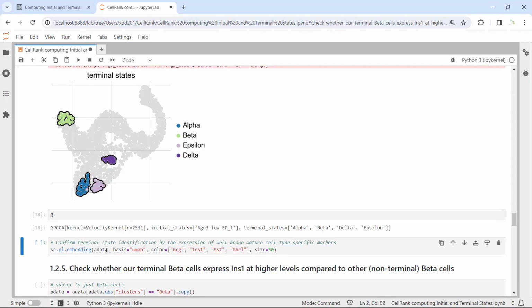We can confirm the terminal state identification by the expression of well-known mature cell type specific marker genes for endocrine cells in the pancreas. Let's run the plot first.